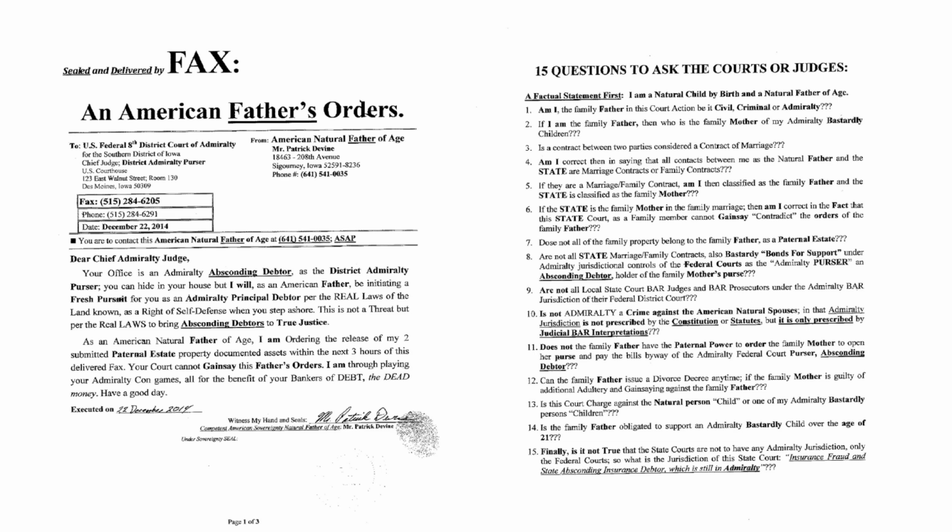It's the reverse of the warrant for search and seizure that they come after you with. They're claiming that you're the absconding debtor. That you have to come in as the father, that you are insolvent because they have taken everything away from you in the form of these bonds for support.